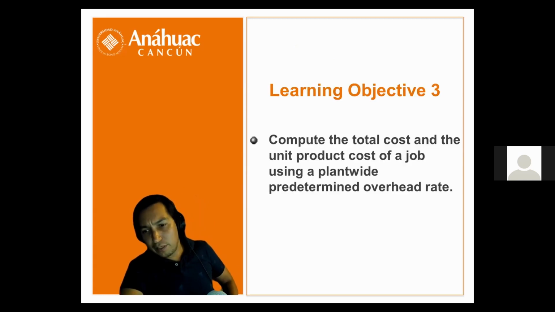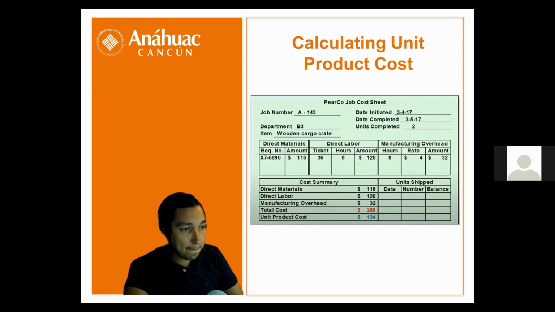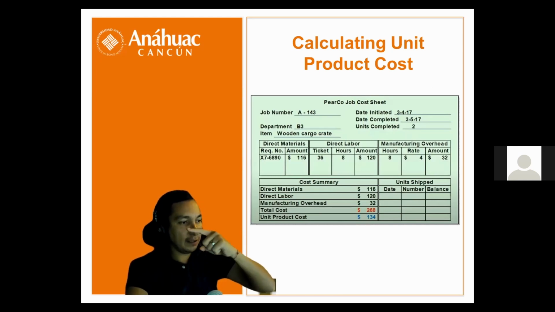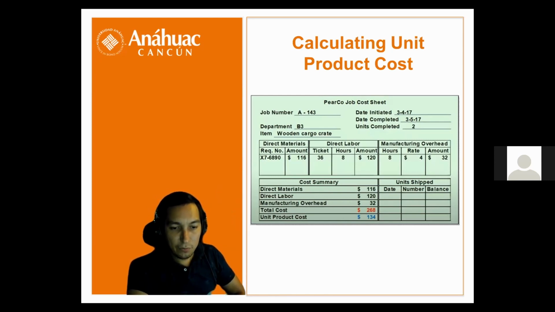So now we're going to take a look at the total cost and the unit product cost of that job using that plant-wide predetermined overhead rate. Really all we are saying is we are going to add it up: direct materials, direct labor, and the MOH.